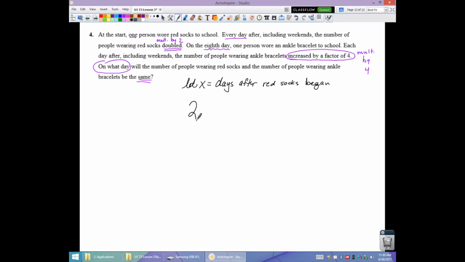So that's 2 to the x. I want to know when that will equal the number of people wearing ankle bracelets. Well, that started with 1 multiplied by 4, but that did not go on for as long as the red socks. So this was started 8 days later. So my exponent is x minus 8.